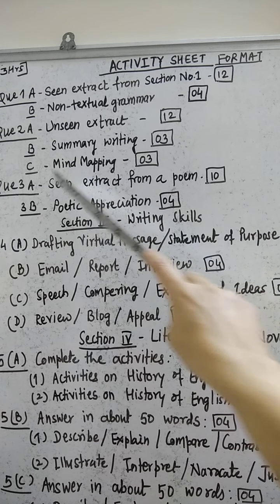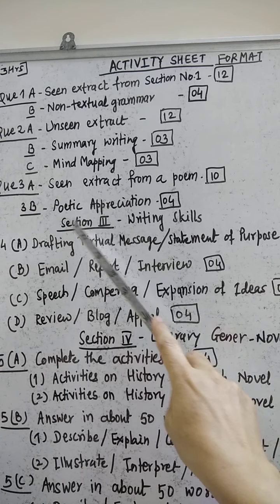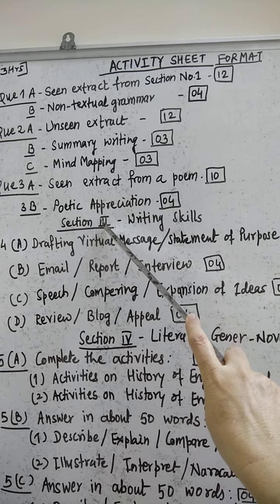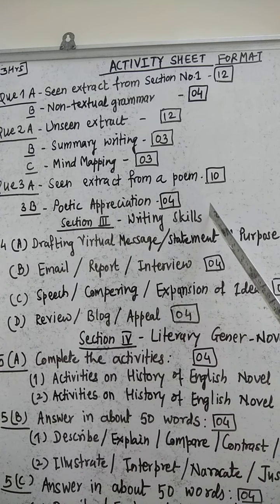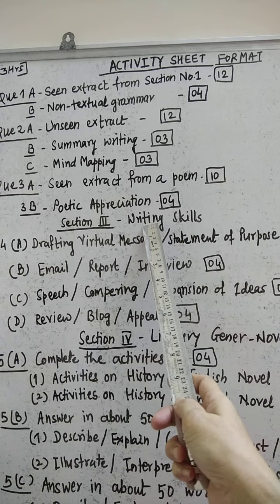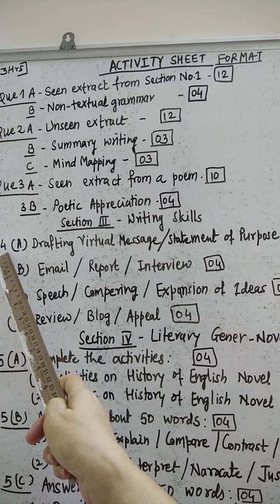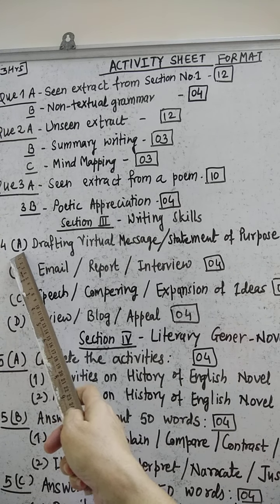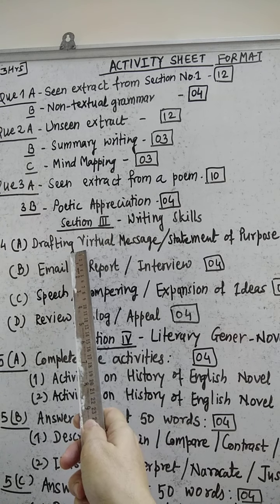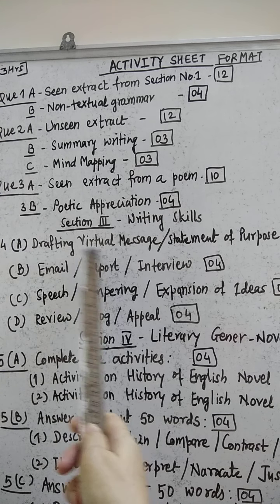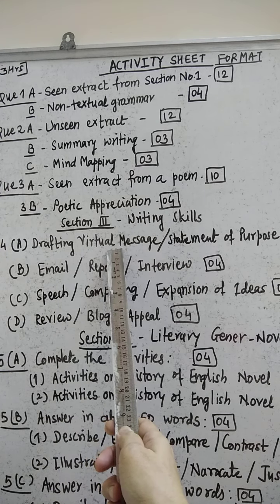Section 2 deals with the poetry section, and now comes the third section. The third section is based on writing skills. Now this is also a question that expects you to exhibit all your writing skills. So question 4A deals with drafting a virtual message.